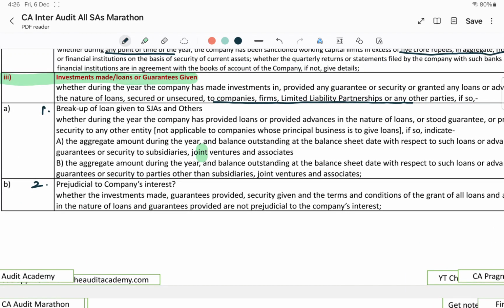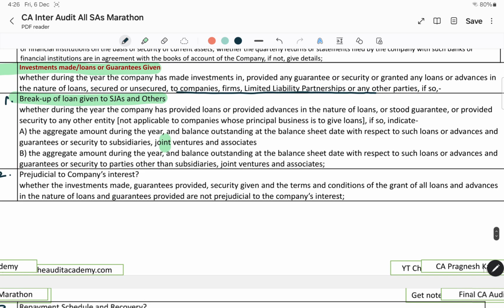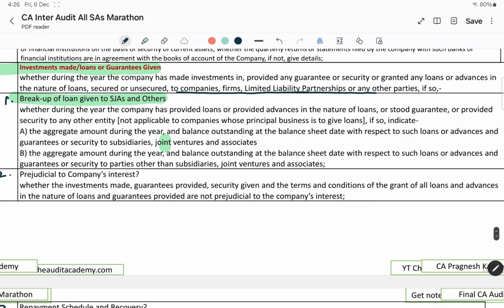Now the first is breakup of loan given to subsidiary, joint venture, associate, and other. Whether during the year the company has provided loan or provided advance in nature of loan, or stood guarantee or provided security to any other entity, not applicable to companies whose principal business is to give loans.